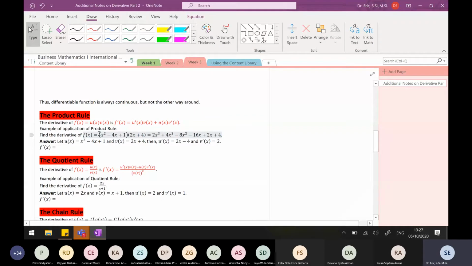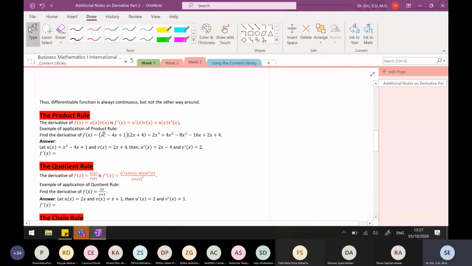But we can do it another way, such as using the product rule. This is u, this is v, and you usually write let u(x) equals x squared minus 4x plus 1, and v(x) is given by 2x plus 4.